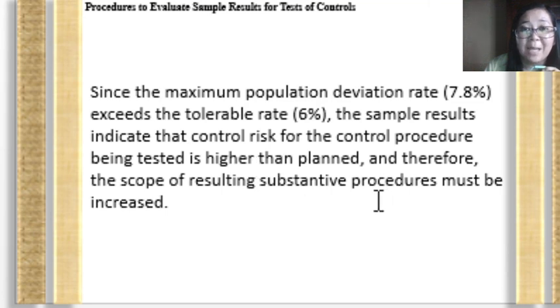What will be the effect? The scope of substantive procedures will be increased, and your control risk will also be increased. So that's how audit procedures are used to evaluate the results for the samples taken by the auditor.